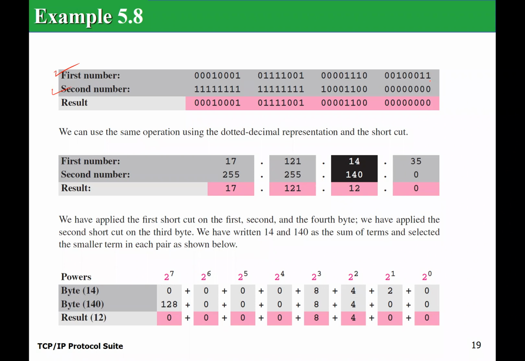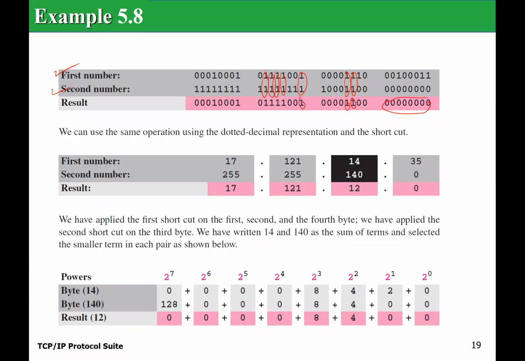Okay, none of these has two 1s, so the result will be zeros. And what about here? Oh, here I have 1 and 1, so the result is 1. Anything else will be 0. Same thing here. You will do the same thing for all of the bits. That's if it's binary.